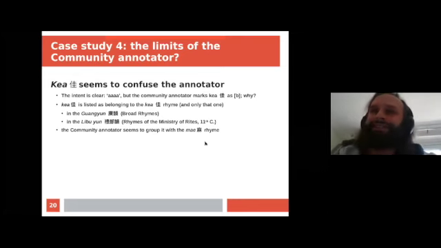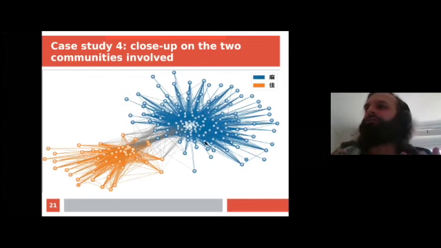So why is that? If we print a graph of just these two rhymes, where I've colored in blue the me rhyme and in orange the kiai rhyme, we can see that although they are fairly distinct, there's a lot of contact that seems to happen between the two in the middle. So some communities, although they are distinct, can be more or less close to each other.